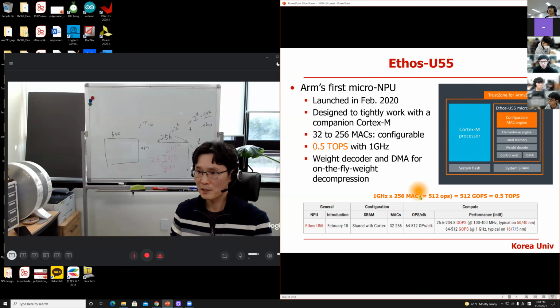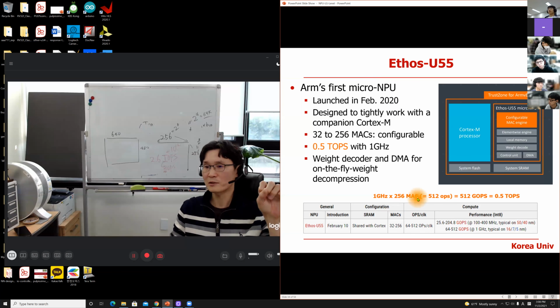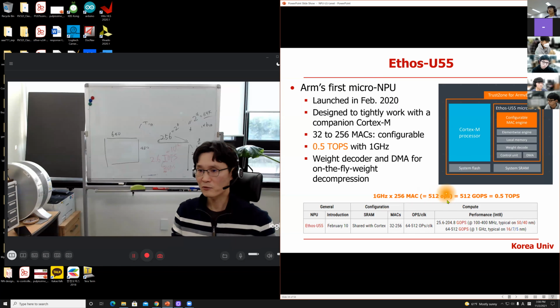Each MAC is 2 operations, right? Multiplication and addition. So 512 operations. So if you do the multiplication, you get this number, 0.5 tera operations per second, if it is running at 1 gigahertz.